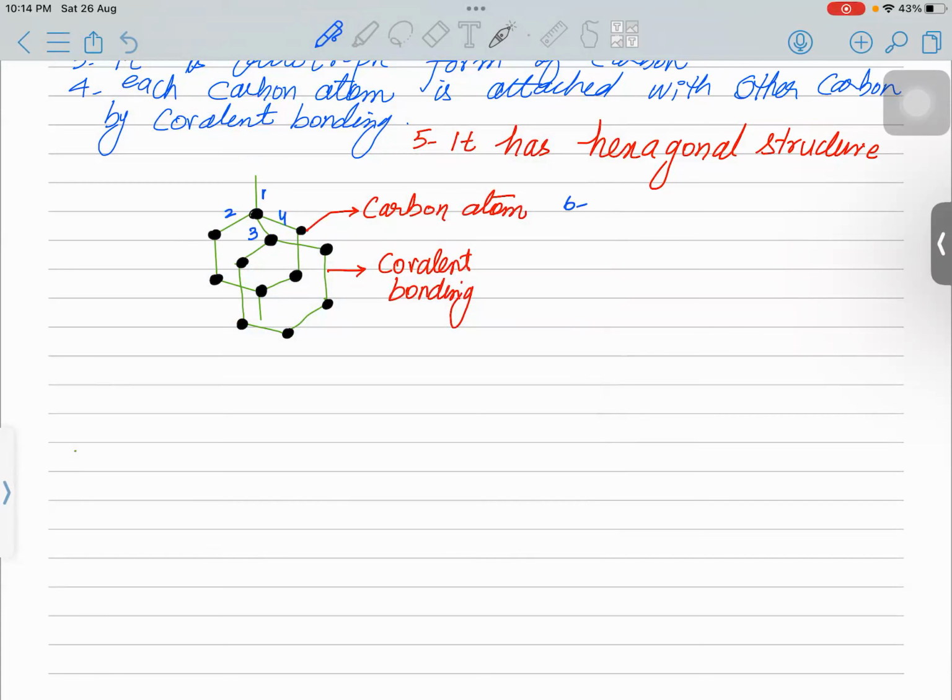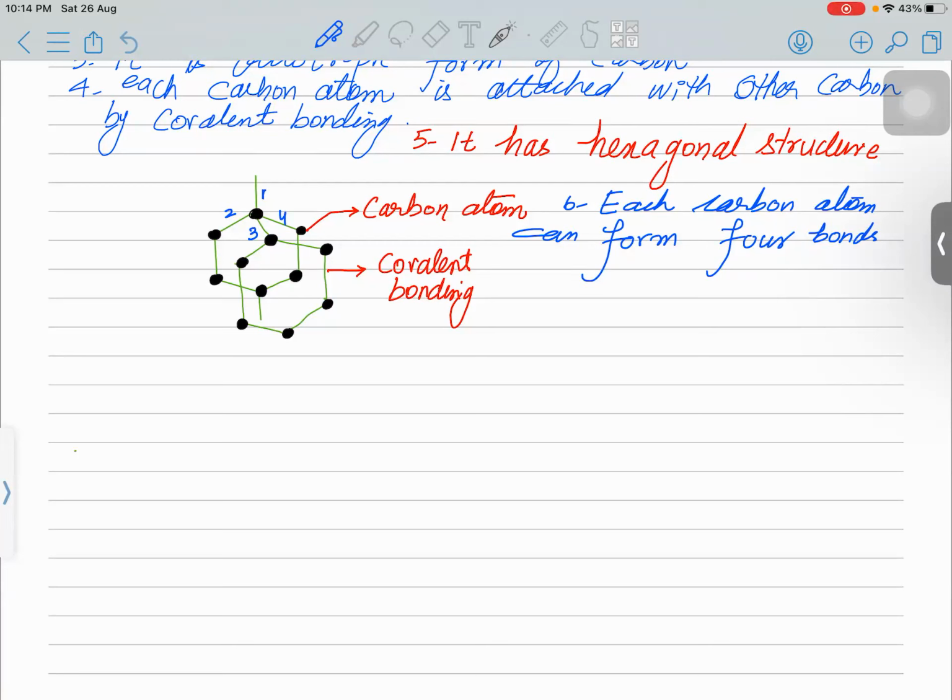So point number 6 is: each carbon atom can form 4 bonds.